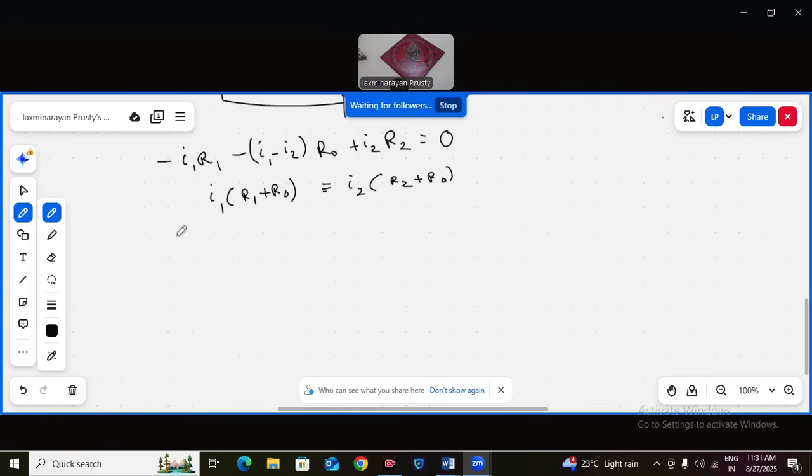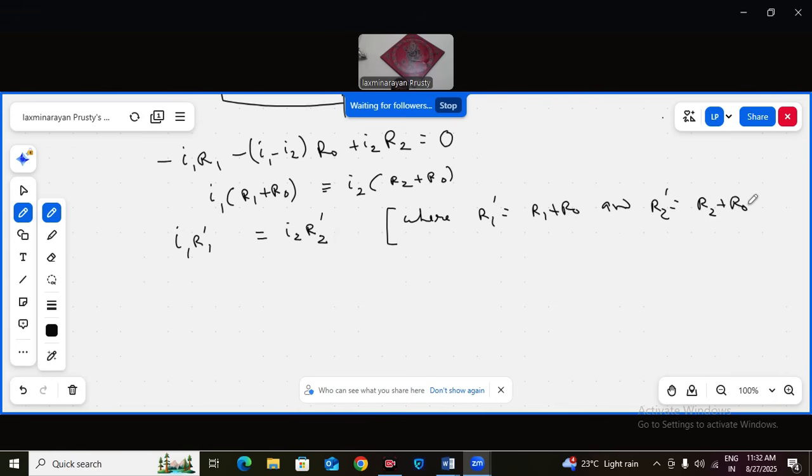Let us write I1 R1 dash is equal to I2 R2 dash. What are R1 dash and R2 dash? Where R1 dash is R1 plus R0 and R2 dash is R2 plus R0.